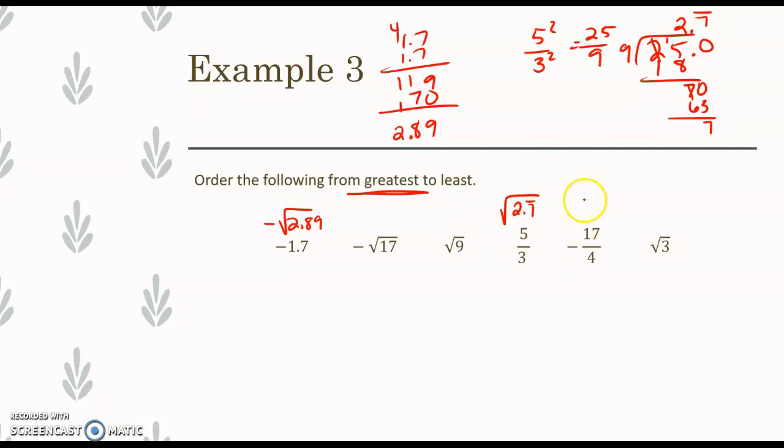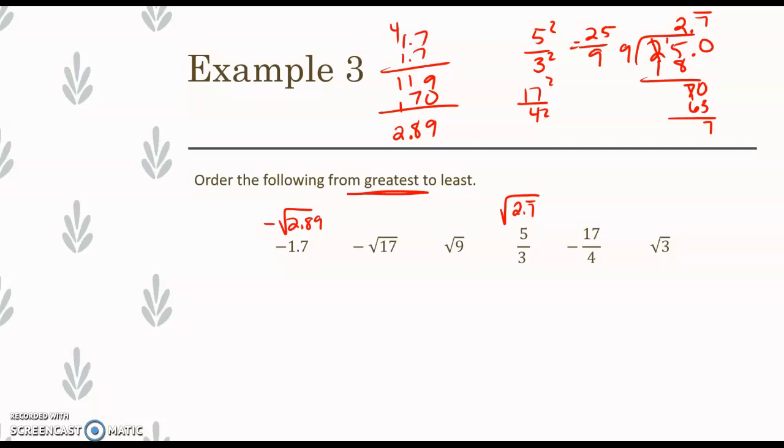All right, and now we have negative 17/4, because of course it can't be nice numbers. 17/4, and we square each of those.